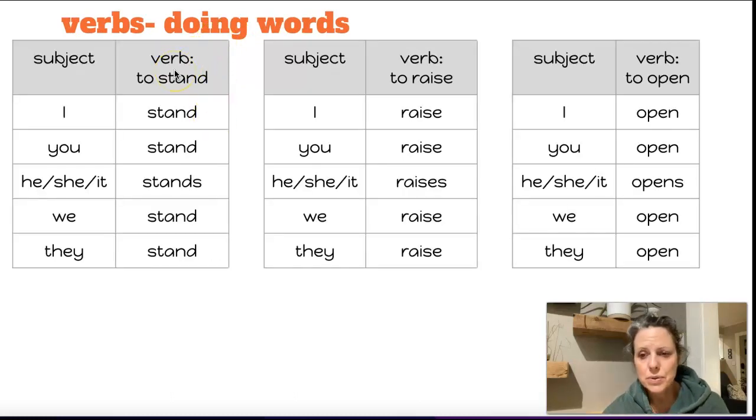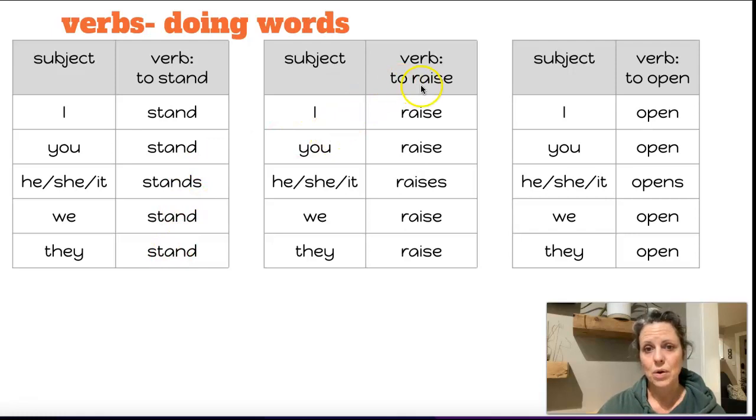So in order to conjugate them, we have to add an S to the he, she, or it form. So I stand, you stand, he stands, she stands, it stands, we stand, they stand. All regular verbs follow this pattern.